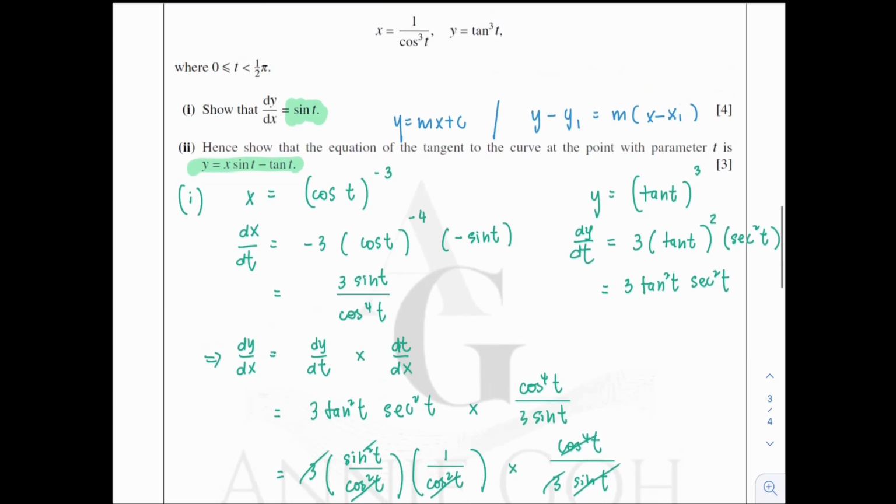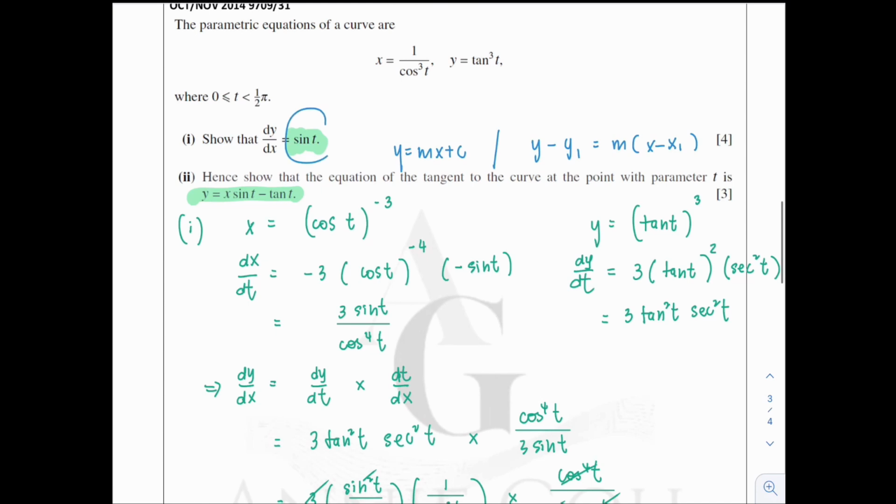So the gradient will be just sine t. This one will be your m. And what about the coordinate? The coordinates are in terms of t. So the x and y coordinates are given here in terms of t. So we'll make use of these two coordinates and this gradient to form the equation.